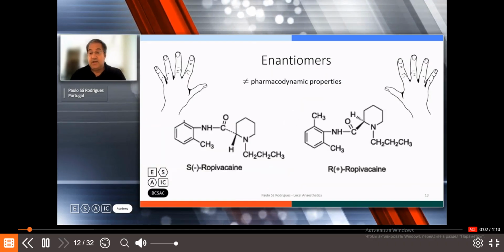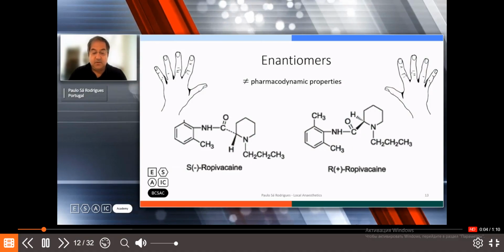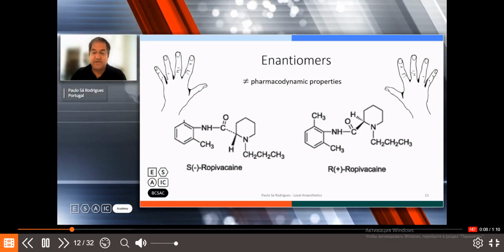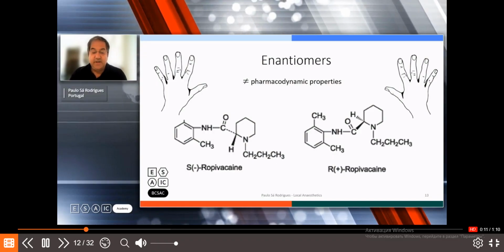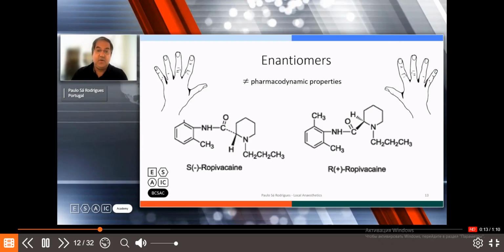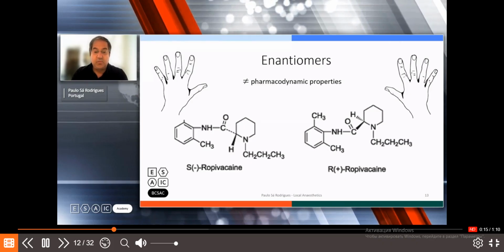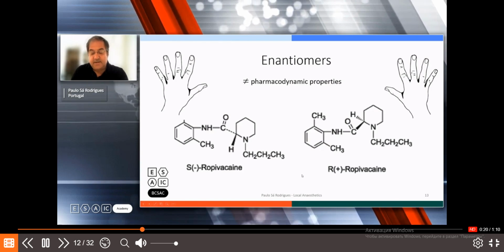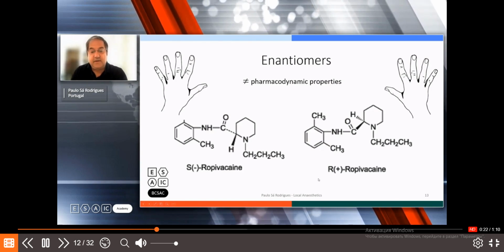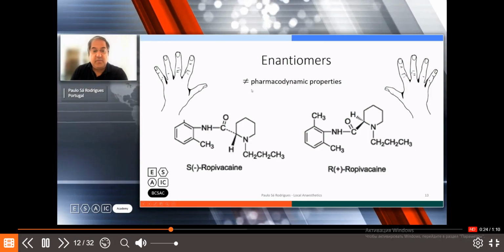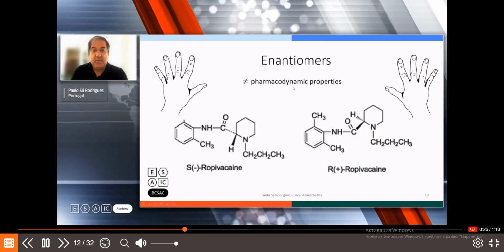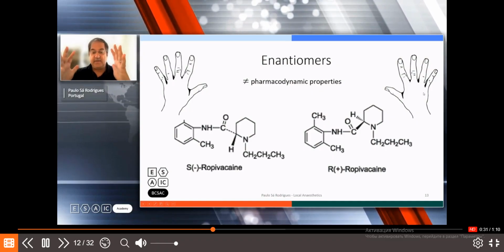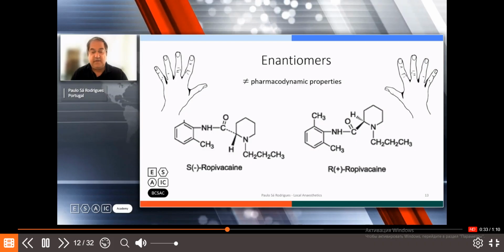Also, usually, local anesthetics are delivered as racemic mixtures, which means that there are two enantiomers in equal proportions in the presentation of the drug. These enantiomers have different pharmacodynamic properties, and actually they are stereoisomers, like having two hands in front of each other.